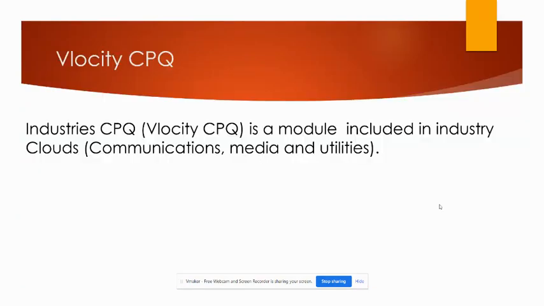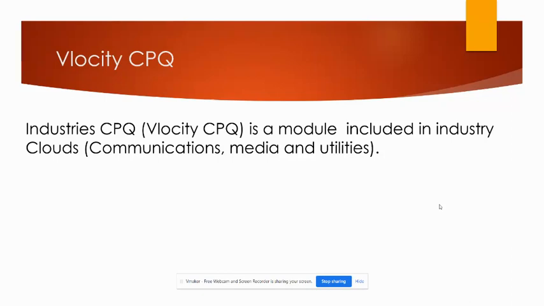So let's start with what is Velocity CPQ. Velocity CPQ is the CPQ package for the Velocity front, and if you know about Velocity, it mainly came to provide an industry-specific solution. That's why it's also called part of the Salesforce ecosystem, or you can say Ohana. Velocity CPQ is a module which provides a CPQ solution to specific industries, mostly communication, media, energy, and utilities.